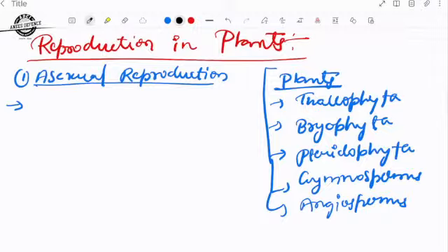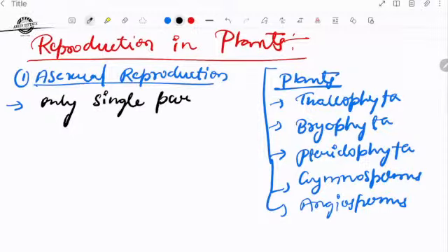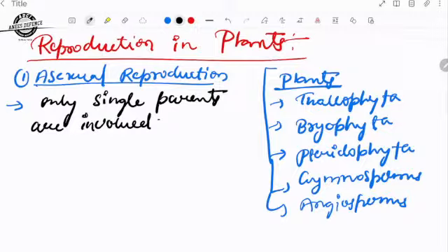So what we understand from this is that only a single parent is involved. Understood? First point about asexual reproduction, only a single parent is involved.